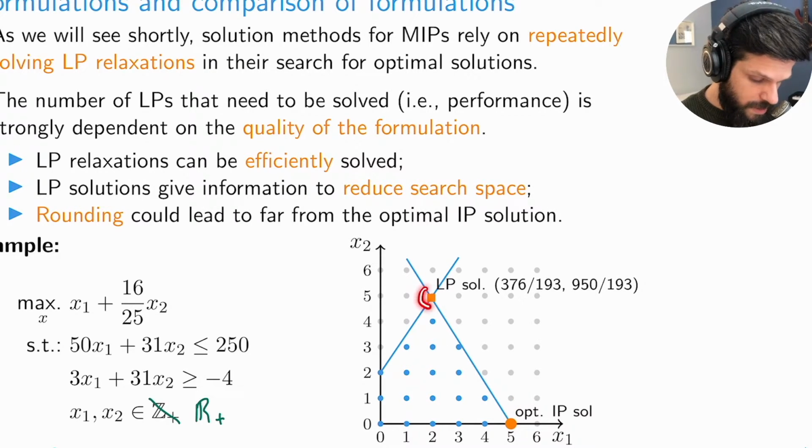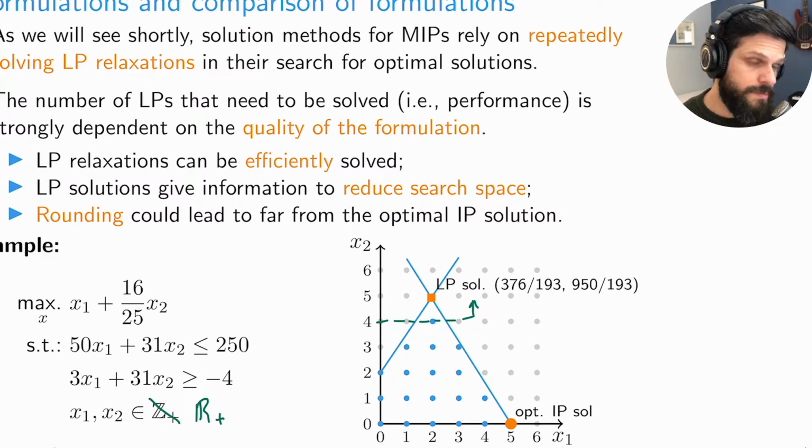But we can use this information, and we'll see how. We can use it to say something along the lines of: you know what? Nothing that lives in that direction really matters to solving this problem.